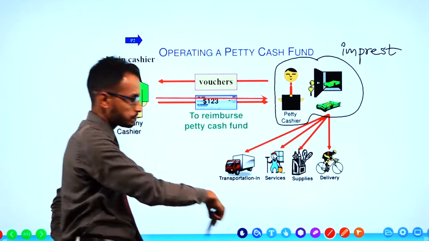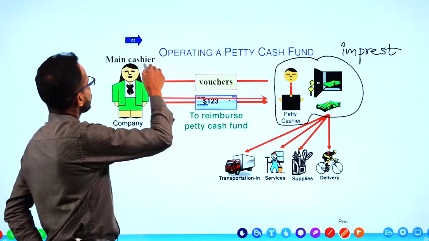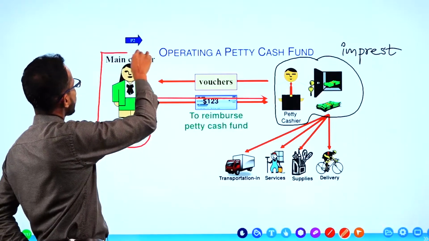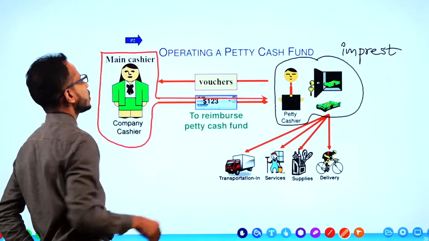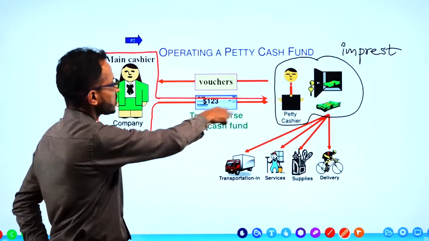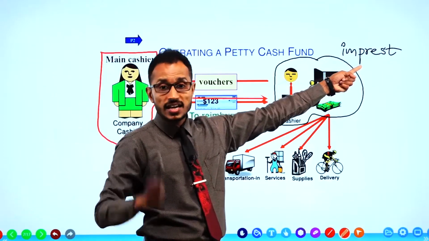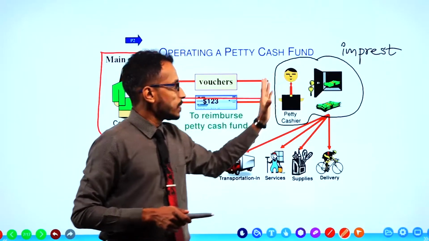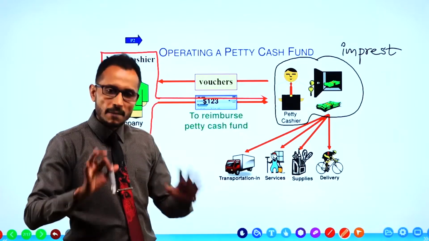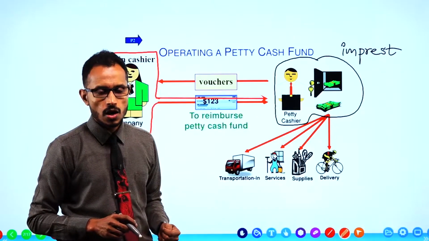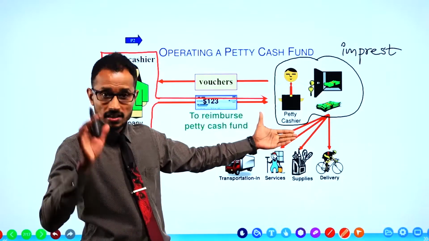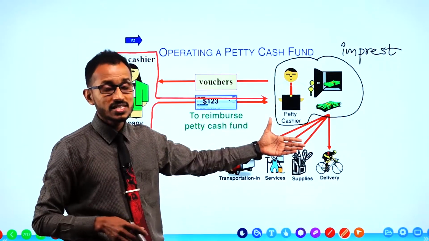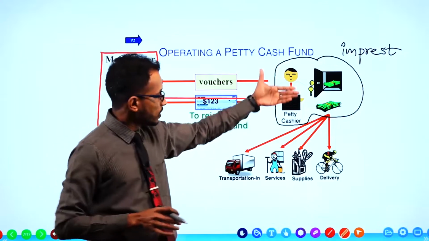This is the main cashier, the one providing the money to the petty cashier. That amount handed over is known as the imprest. From that money only, the petty cashier carries out the petty cash expenses for the month. It is the duty of the petty cashier to handle the petty cash expenses and to maintain the petty cash book, to record the petty cash expenses.